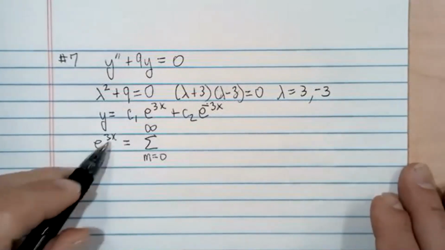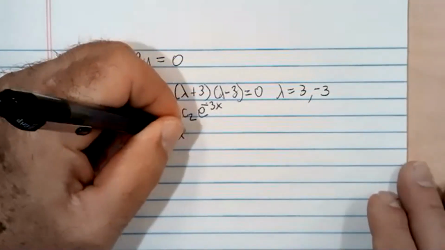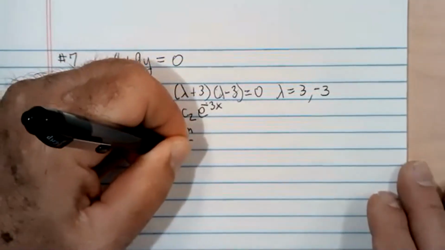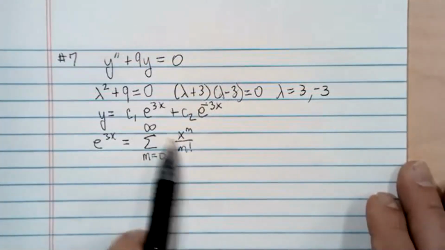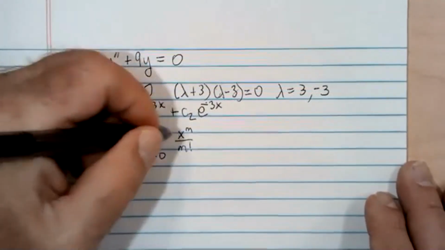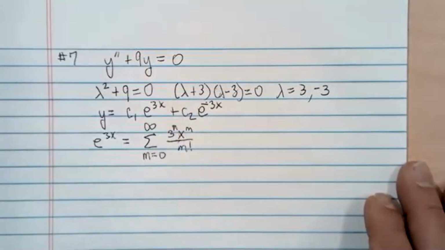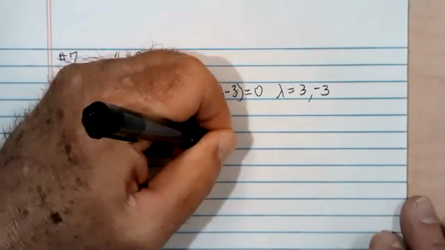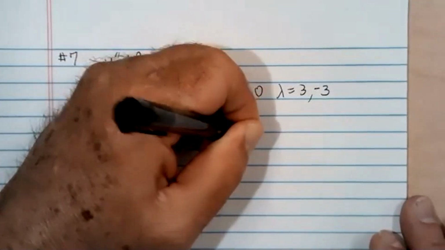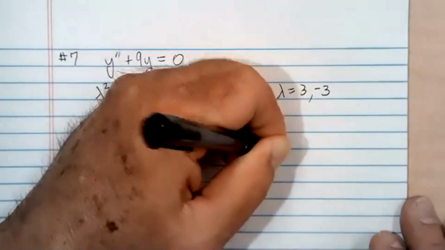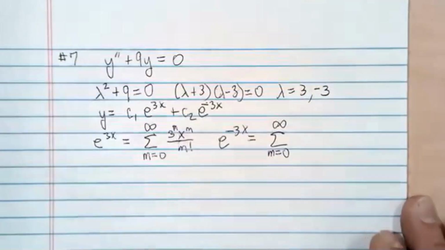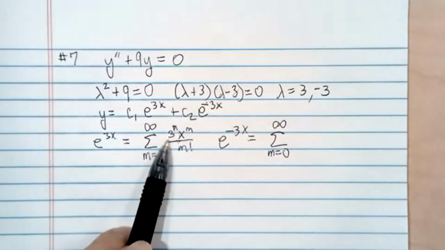Well, e to the x would be x to the m over m factorial. So if you replace that x by 3x, you just pick up a 3 to the m in the numerator. And e to the minus 3x, that would look like this. It's really just the same, except every other term is going to be negative.